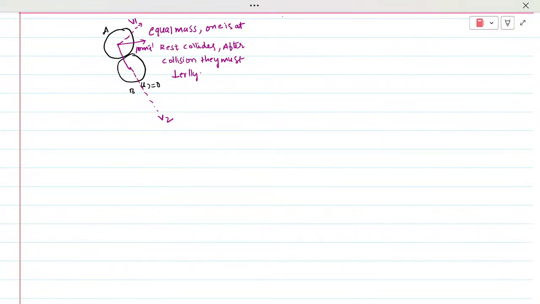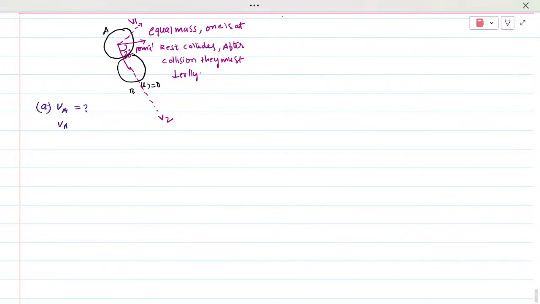Initially it is 10 meters per second, and A makes 30 degrees with the center line. Now we are asked to find, question 1, the velocity of A after collision. So here it is two dimensions, right?